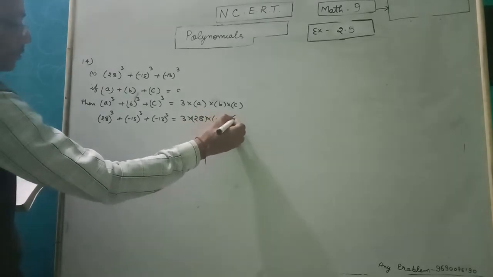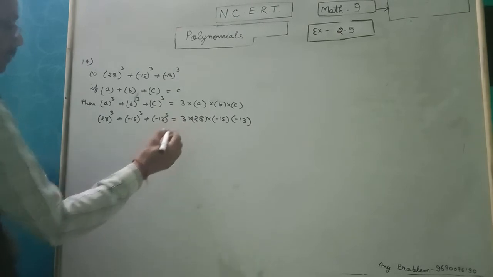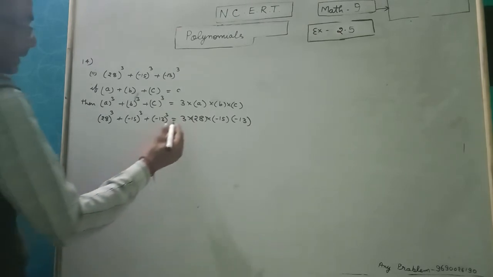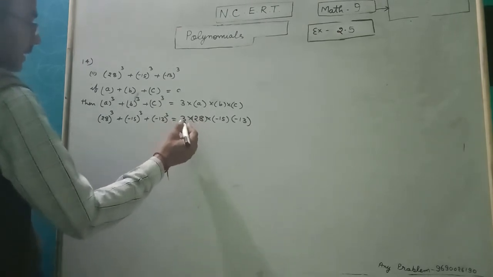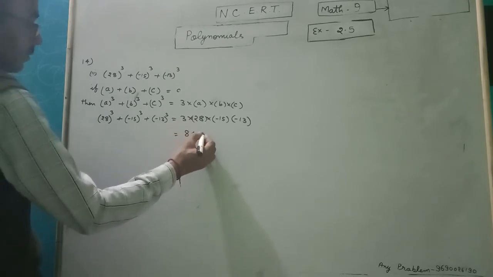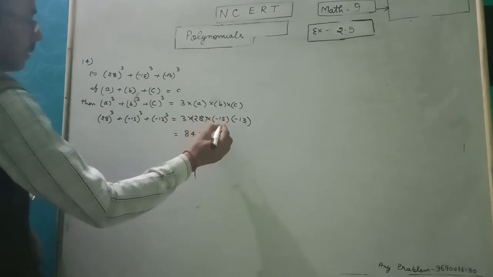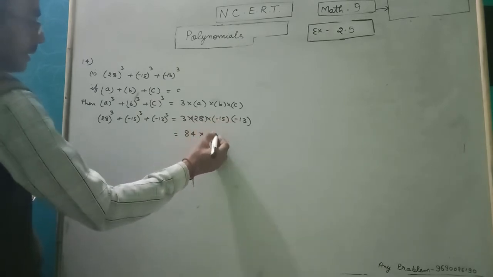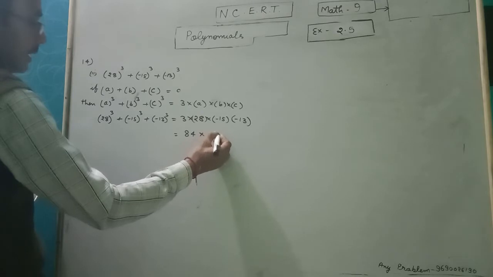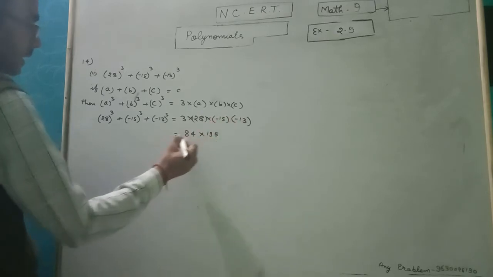After multiplying, 28 times 3 is 84, into minus minus plus, 15 times 13 is 195.